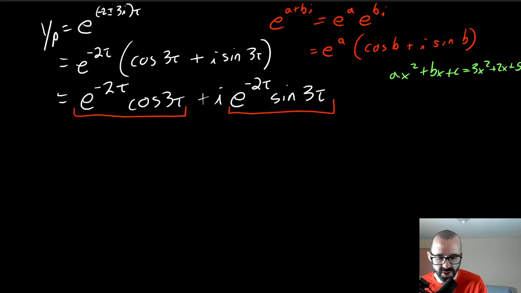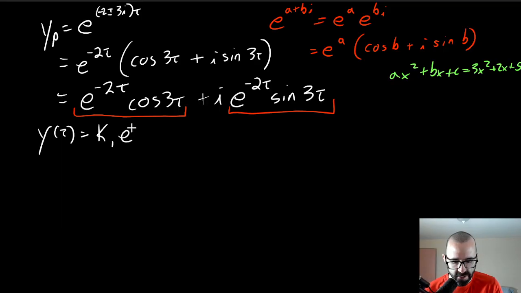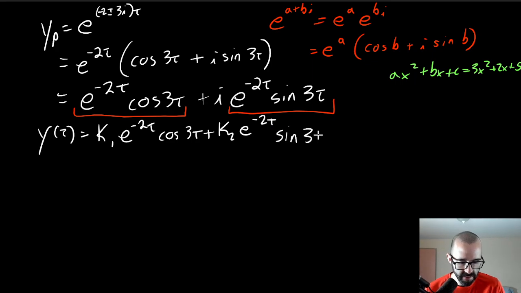So these are both solutions. And we remember from section 3.4 that, okay, we have two solutions. We can use the linearity principle to get our general solution. It's just any constant times our first solution plus any other constant times our second solution. We find our general solution to this damped harmonic oscillator.